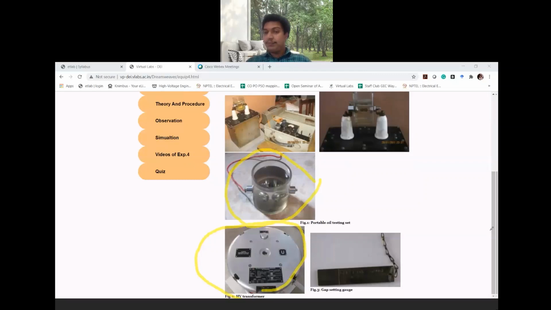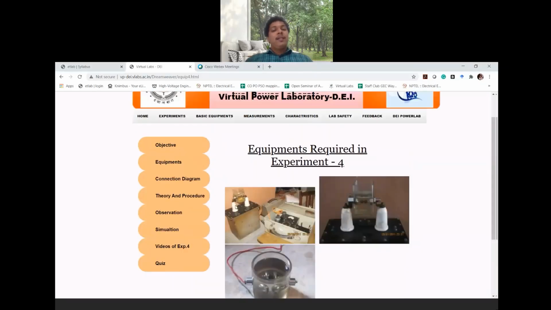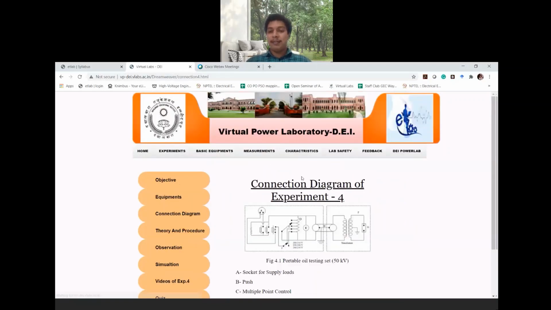So let us get into the experiment. This is the connection diagram.